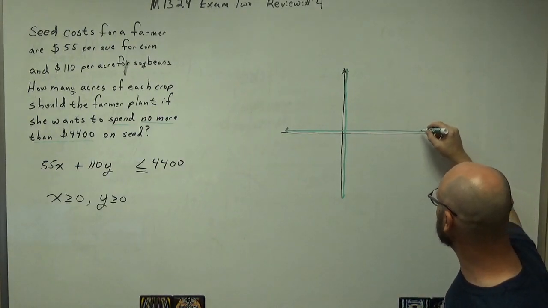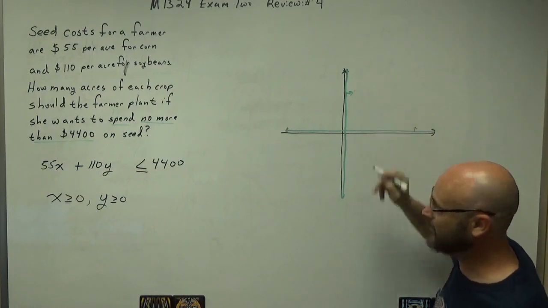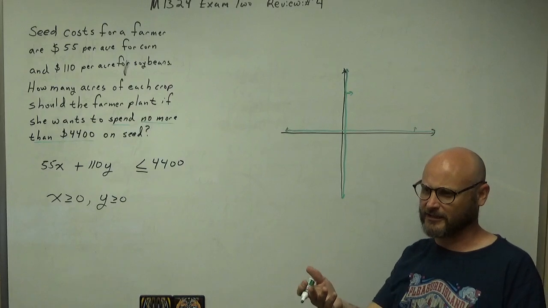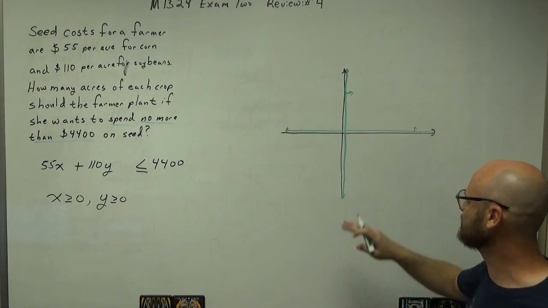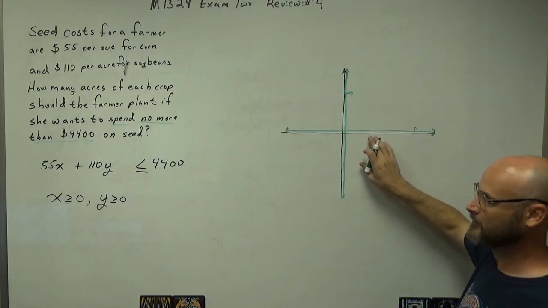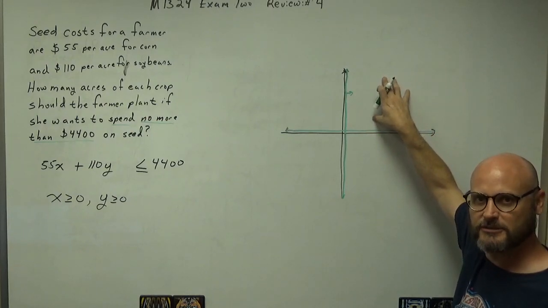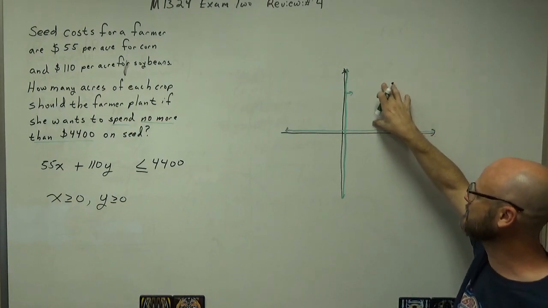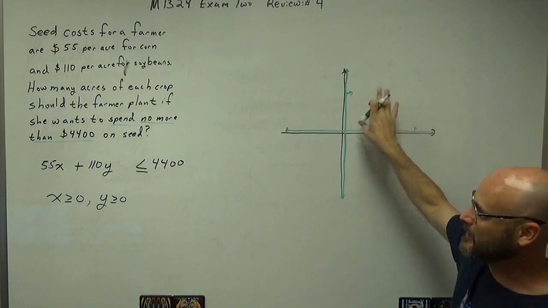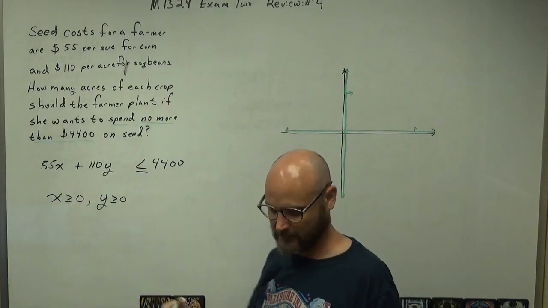A lot of times you'll only see the first quadrant. In fact, I think the problem only gives you the first quadrant, but you have to graph those axes or it won't work for you. We already know our feasible set is living in this region of the xy plane, and it has to do with the fact that we can't make negative products.